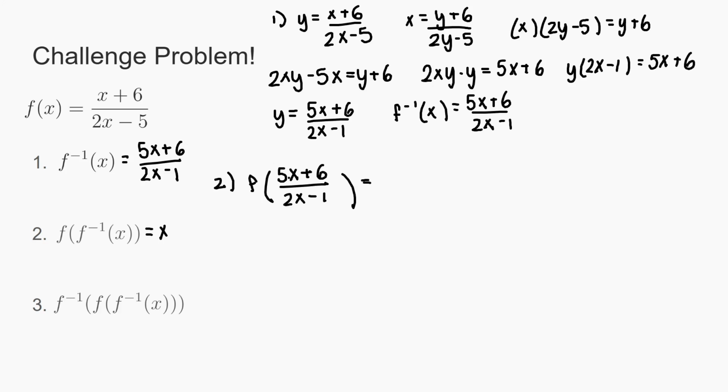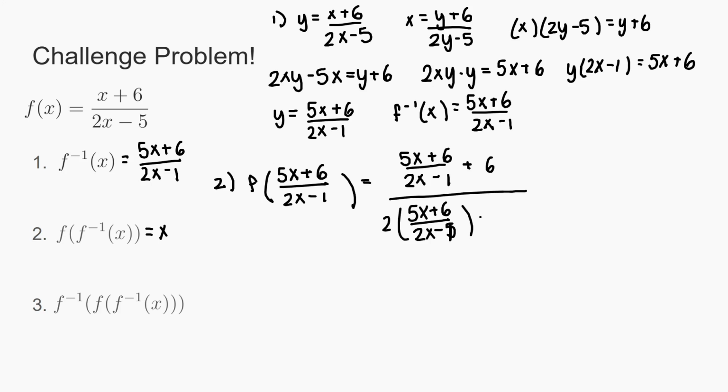Solve that. We have 5x plus 6 divided by 2x minus 1, plus 6, divided by 2 times 5x plus 6 divided by 2x minus 1, minus 5.